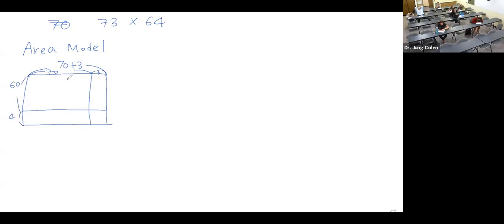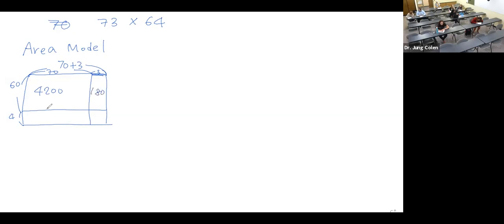And let's look at this rectangle. The area of this rectangle is what? 60 times 70, which is 4,200. How about this one? 3 times 60, isn't it? So it's going to be, what is it? 180.